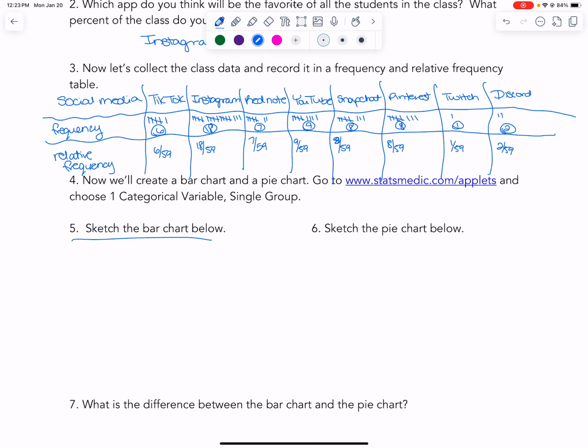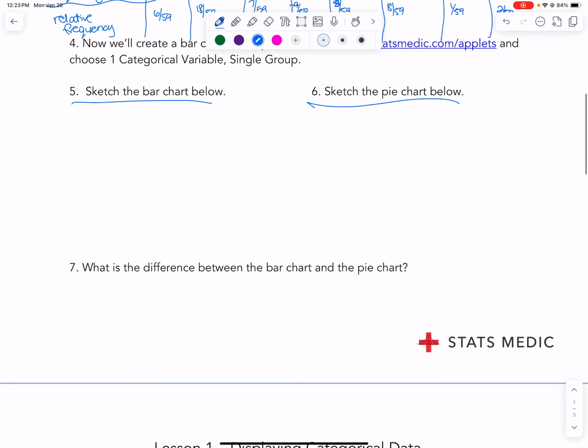So your bar chart would go here, your pie chart would go here. What's the difference? The difference is that the pie chart shows relative frequency, and the bar chart shows regular frequency.